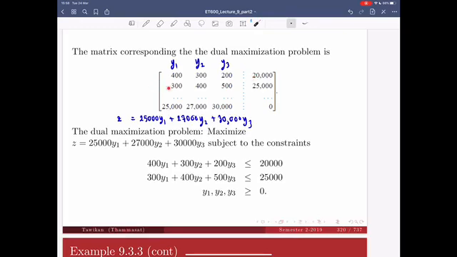Same idea for the second row of your matrix corresponding to the dual maximization problem. The coefficient of y1 is 300, the coefficient of y2 is 400, the coefficient of y3 is 500, and the right-hand side is 25,000. And we still have the non-negative constraints. That means all the variables y1, y2, y3 must be non-negative.